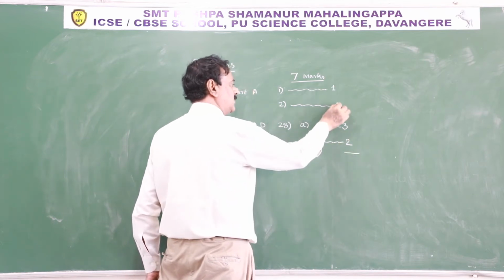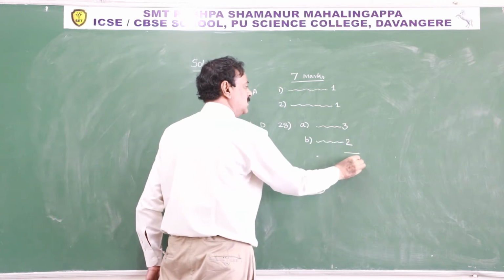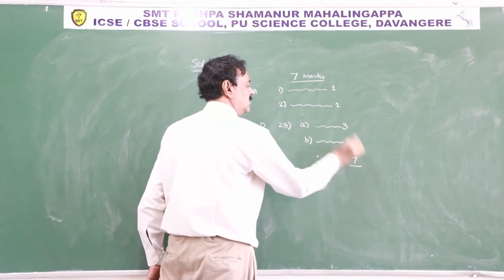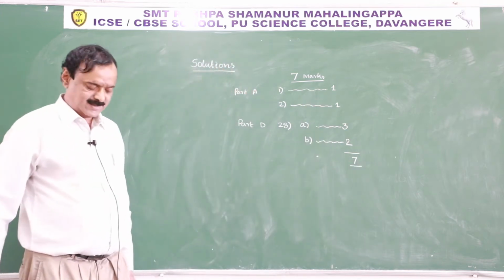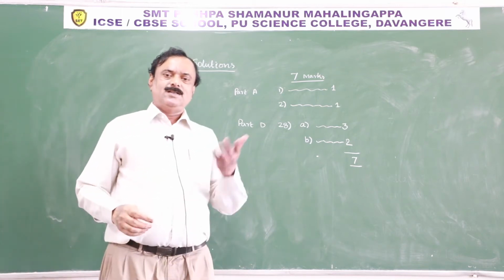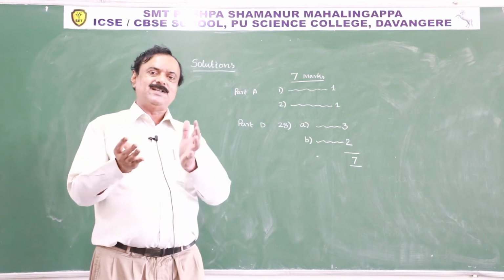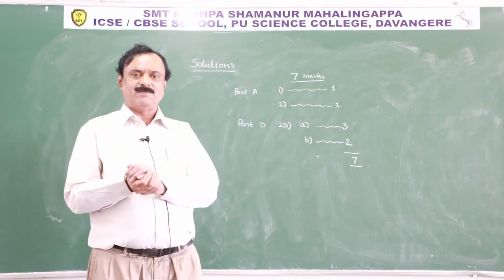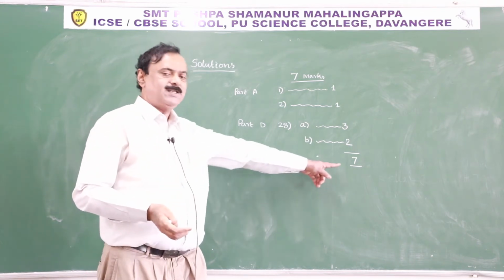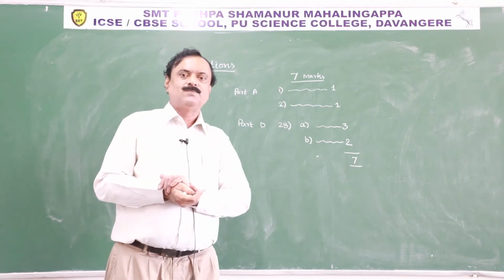Total 1 plus 1 plus 3 plus 2, that is 7 marks. This is the maximum weightage. In our question paper, usually 10% weightage out of 70 marks is in this chapter alone.